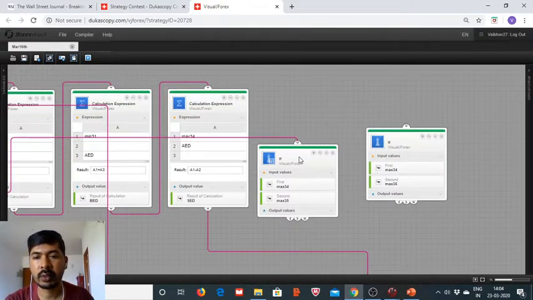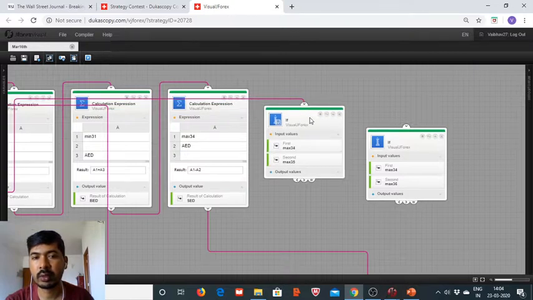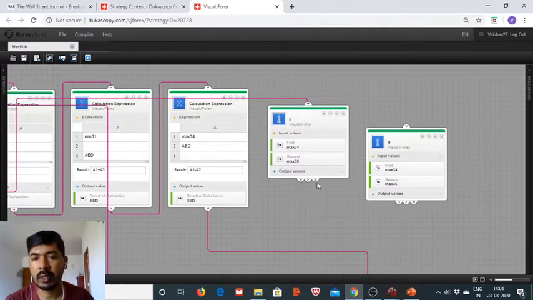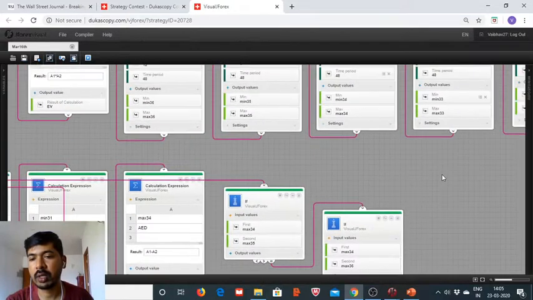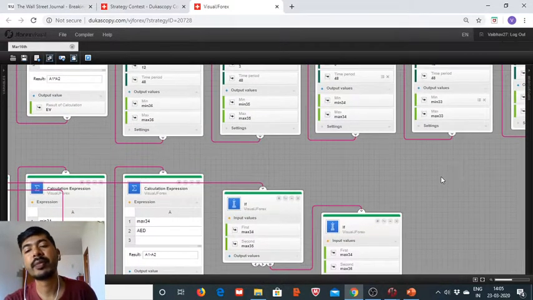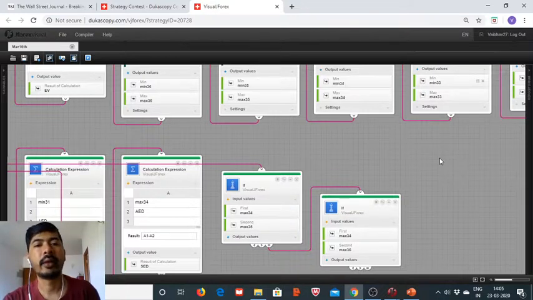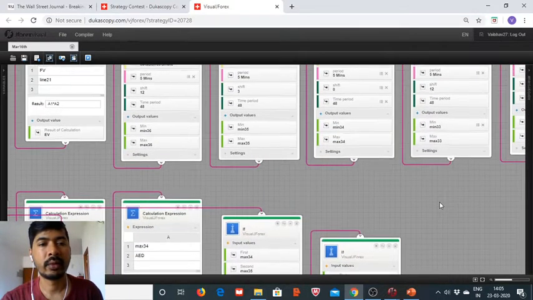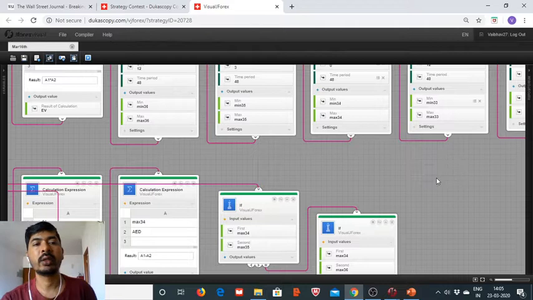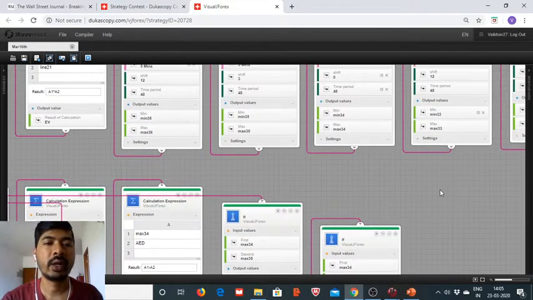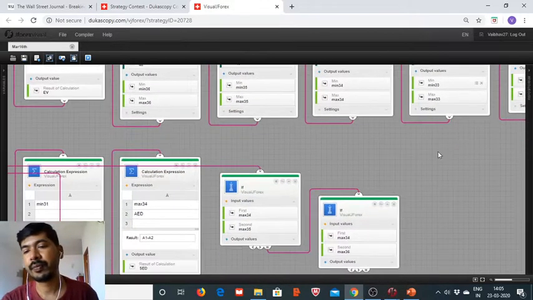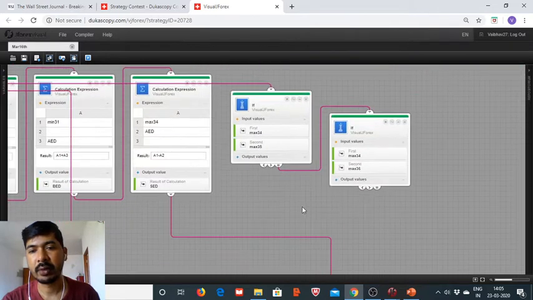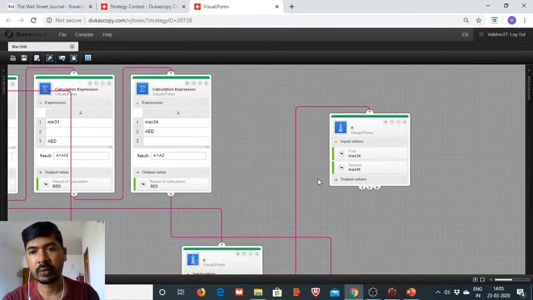So first let us do this. We want the maxima to be equal, and then we want that to be equal to or less than the maxima 36, which is the one defined using shift 12. Okay, so far so good.